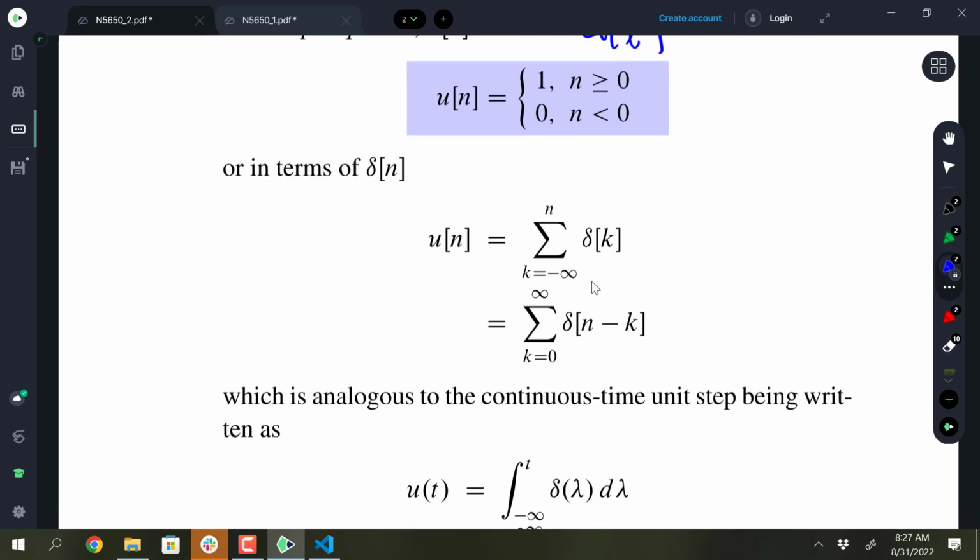So we can relate u of n and delta of n through these two different formulations. We can accumulate from k equal to minus infinity to n of delta of k to get u of n, and I generally like to draw a picture about that.